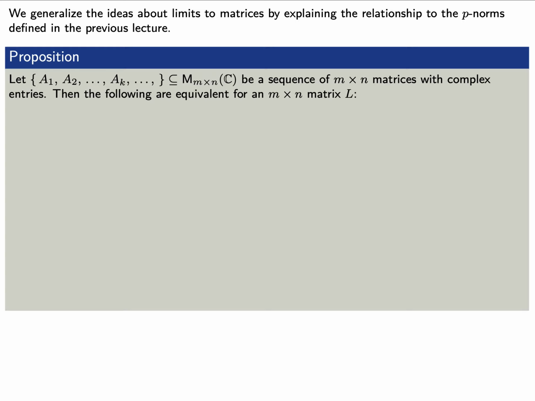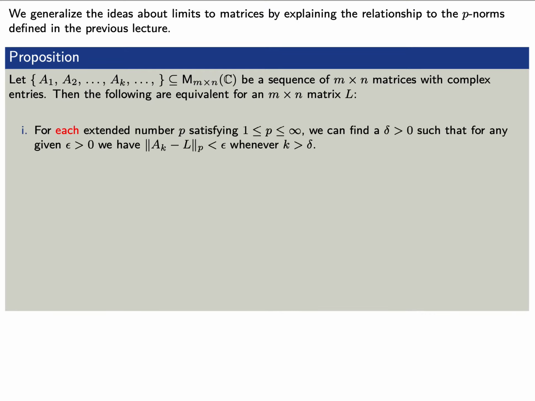The following three statements are equivalent for any m by n matrix L. First, for each extended real number p, we can find a delta such that given a positive epsilon, the p norm of A sub k minus L is less than epsilon whenever k is greater than delta. Again, this should be true for each and every given extended number p.